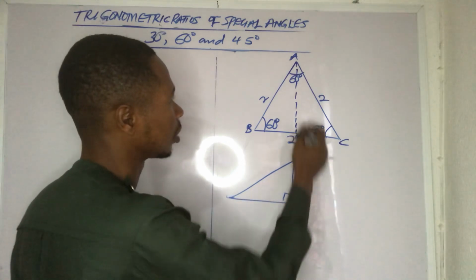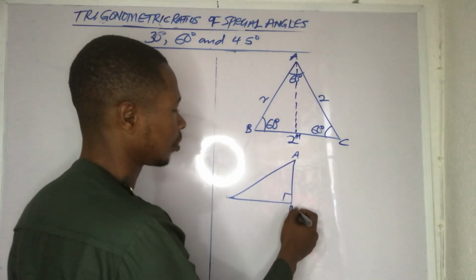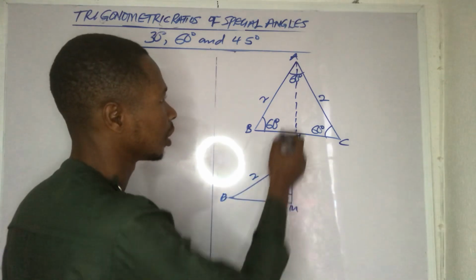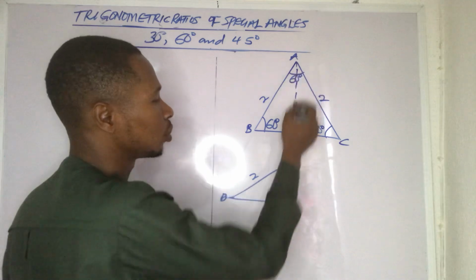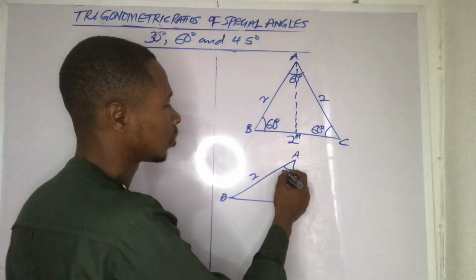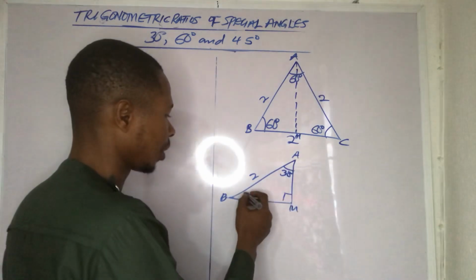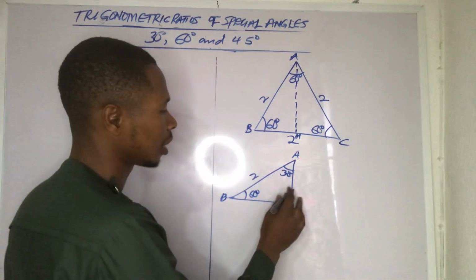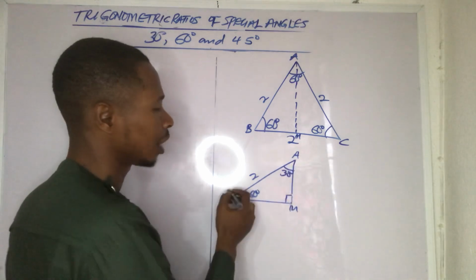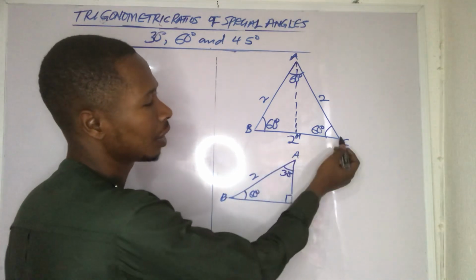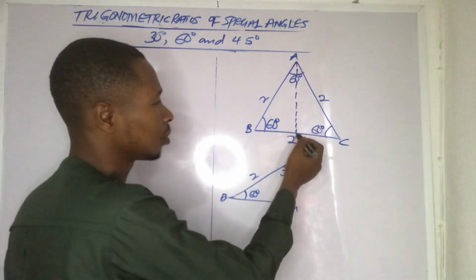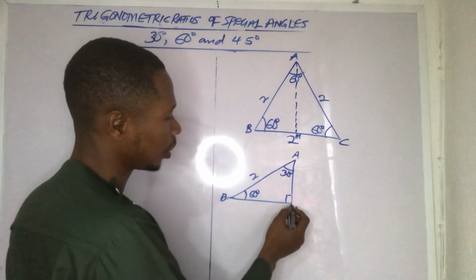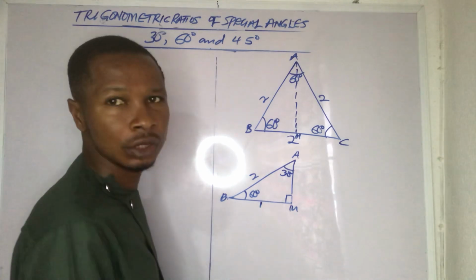This is A, this is M, this is B. This is side 2 units. Since I divided this angle into 2, this angle will be 30 degrees, and this one will still remain 60 degrees. This angle is 90 degrees. This side is still 2. Since I've divided this triangle into 2, it means that from B to M will be 1 unit.